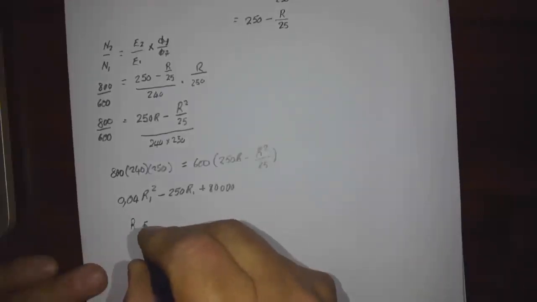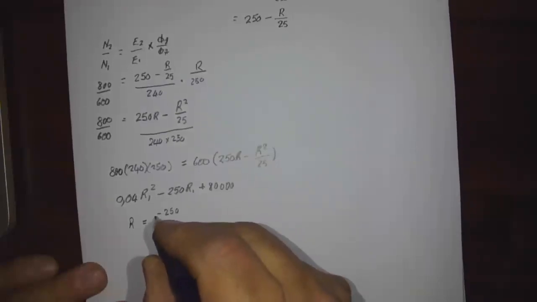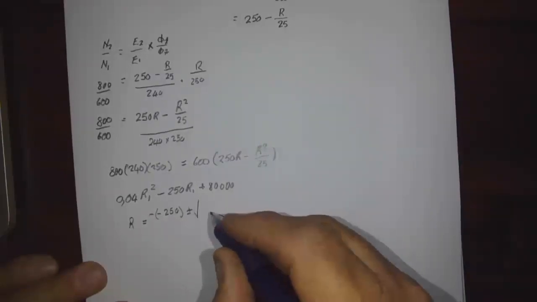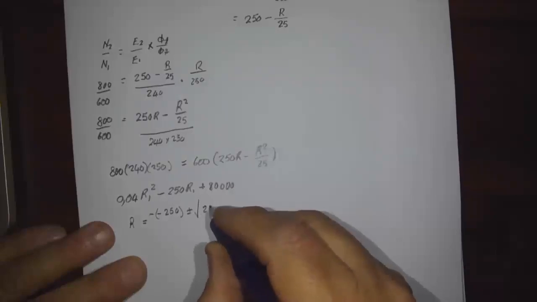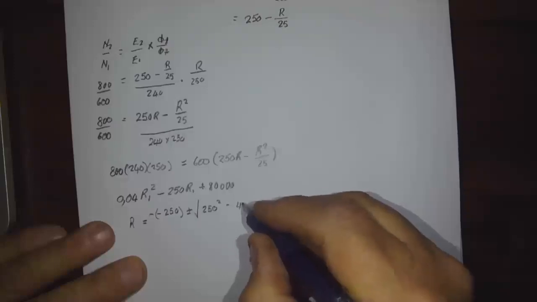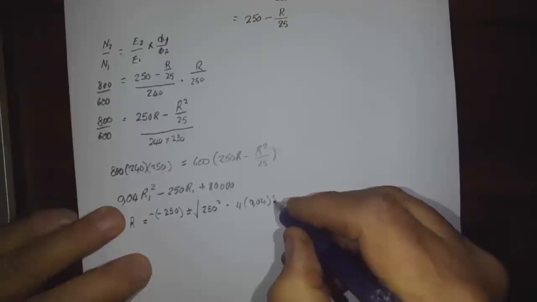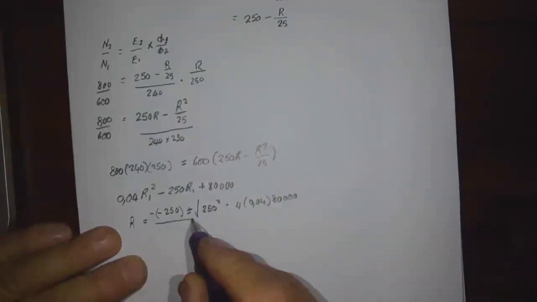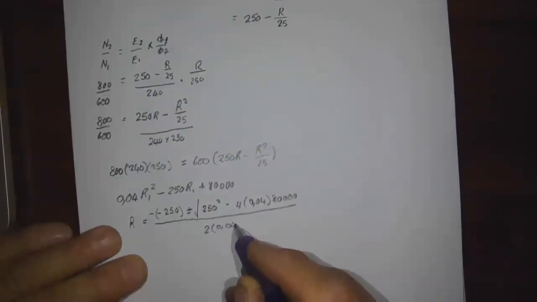R is equal to minus, minus 250, plus or minus the square root of 250 squared minus 4 times 0.04 times 80,000, divided by 2 times 0.04.